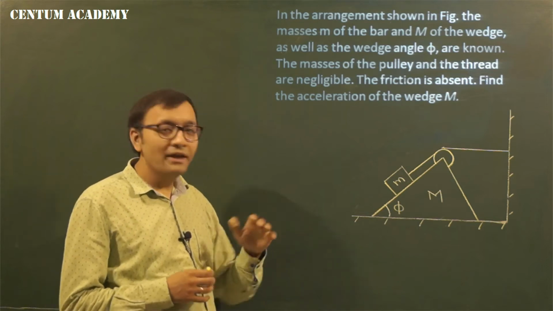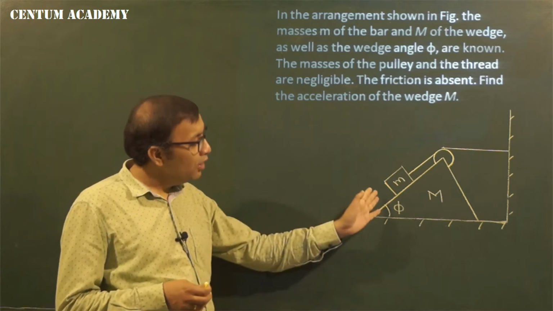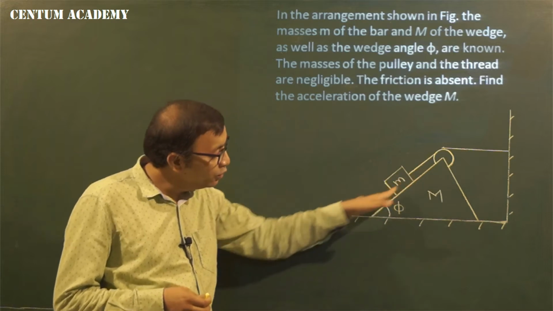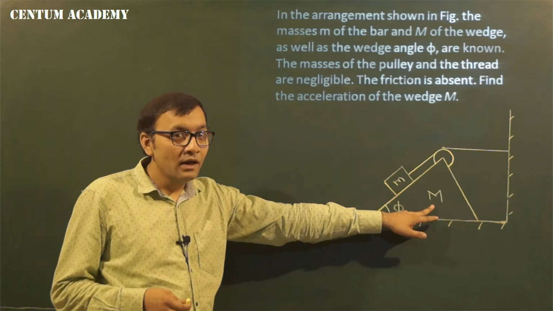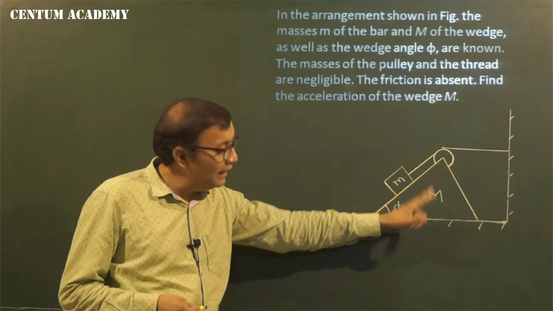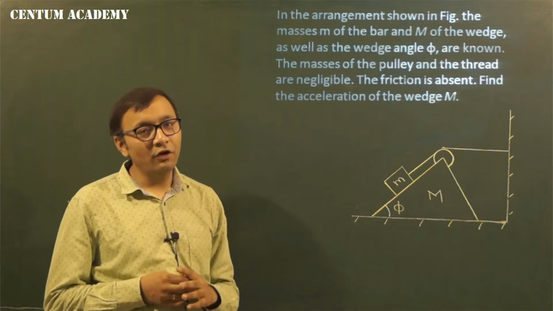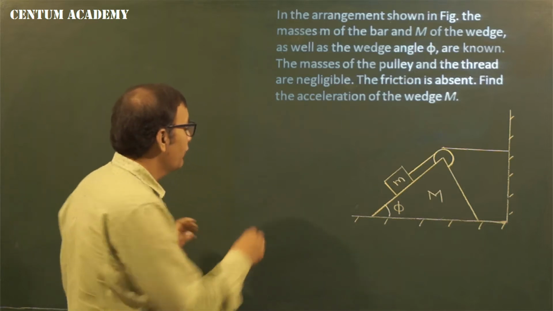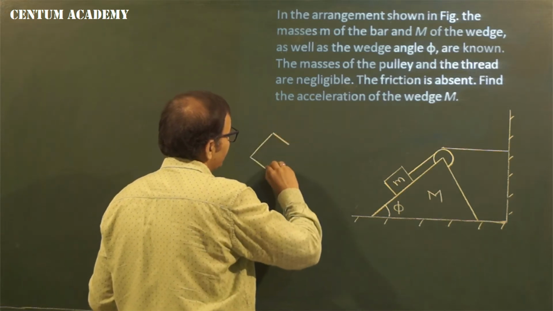So here, likewise, as we have done in the previous few questions, we know that small m can only slide down vertically with respect to capital M, and it also moves along with capital M. So you can mark two accelerations for small m. The way you draw the free body diagram of small m is something like this.